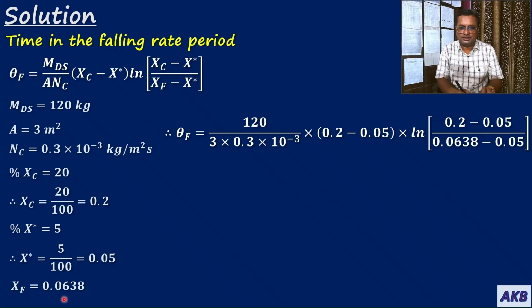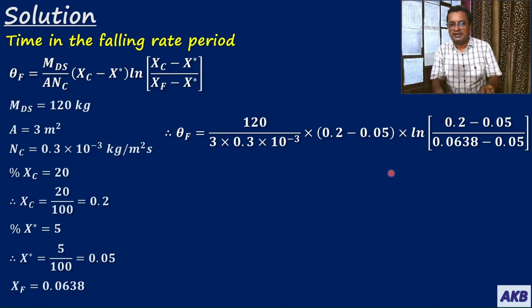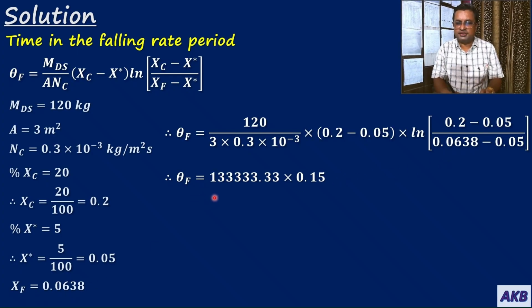It is 0.0638 and we have used that. So therefore theta f comes out to be 13333.33. This difference is 0.15 and this logarithm is 2.93.